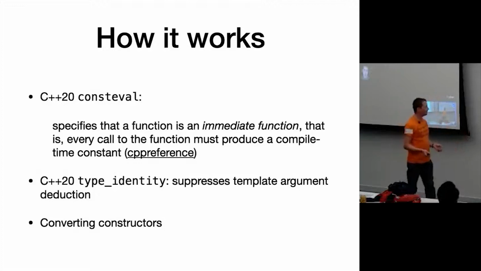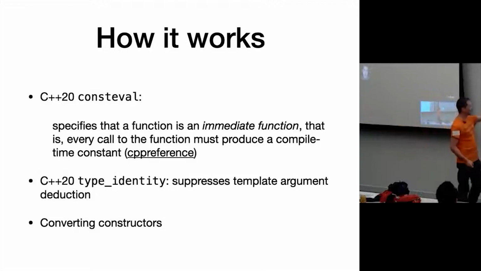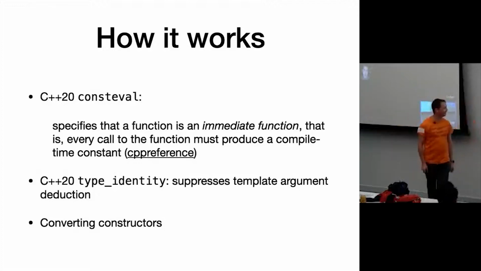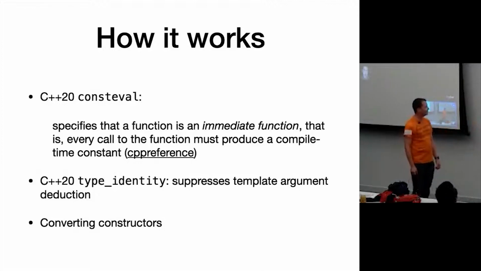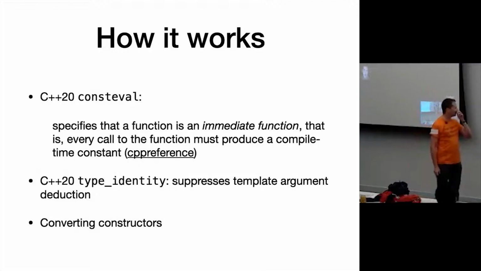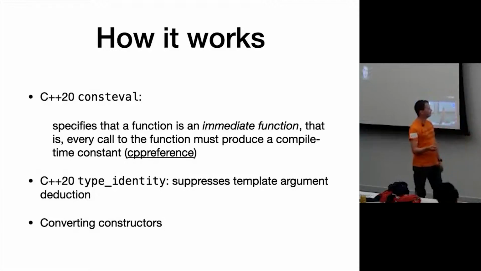The second important component, and the most subtle and tricky one, I think, is using type identity to suppress complex argument deduction. I'll show later how to combine all these. And finally, the easiest is converting constructors, which convert from strings into these formats.